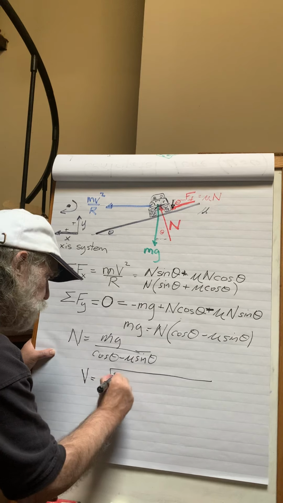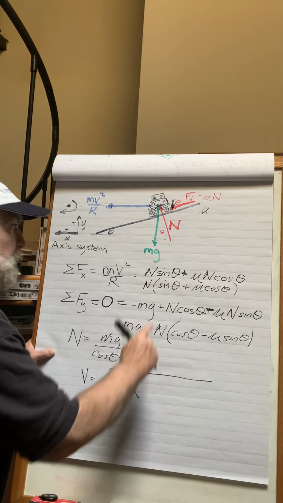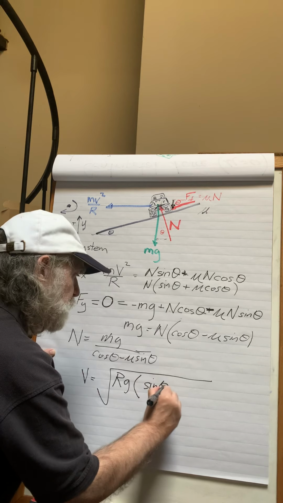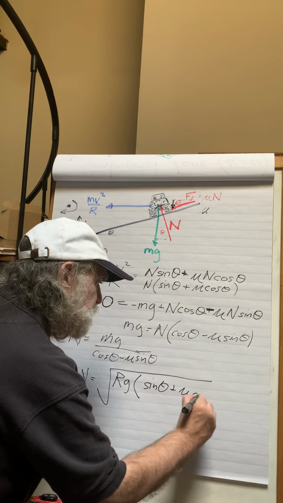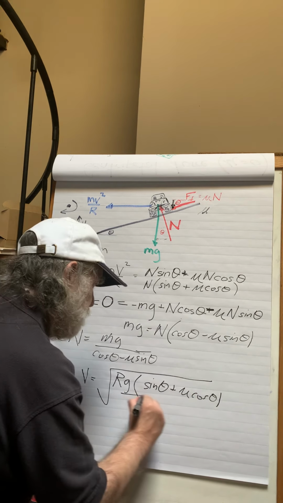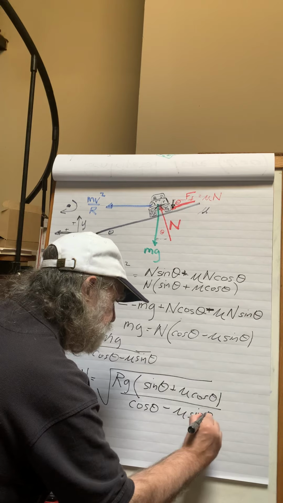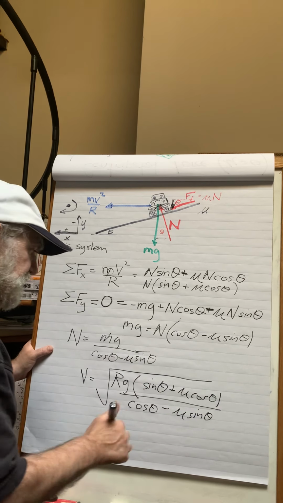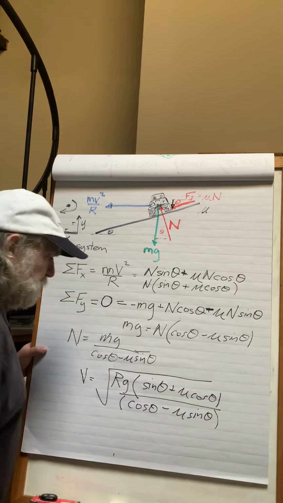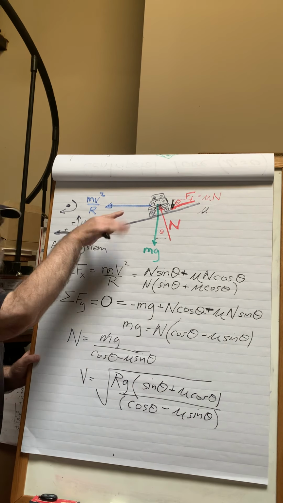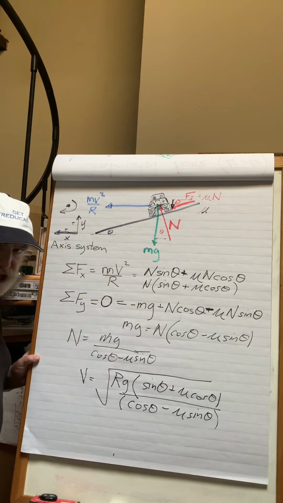So I'm going to get rg, and on top I'm going to have sine theta plus mu cosine theta, and on the bottom I'm going to have cosine theta minus mu sine theta. And that is my limiting case for the velocity when both a bank angle, theta, and friction are present.